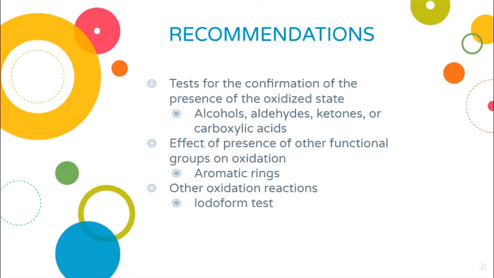The effect of the presence of other functional groups on oxidation can also be tested. A good example are aromatic rings, which, as discussed, prevent oxidation of aldehydes by weaker oxidizing agents. Other redox reactions and tests can also be done, an example being the iodoform test.